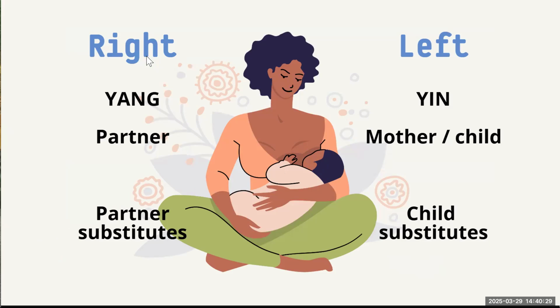You need the right hand to do stuff. And so you're carrying your baby on the left, so conflicts that are related to the left side are all related to mother-child conflicts or mother-child substitutes. And conflicts that you experience on the right side of your body are all related to partner or partner substitutes.